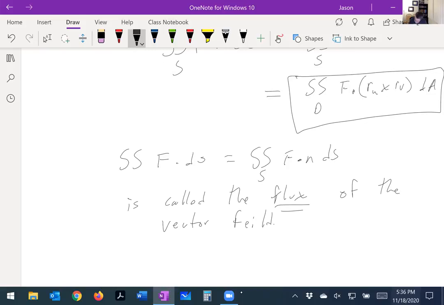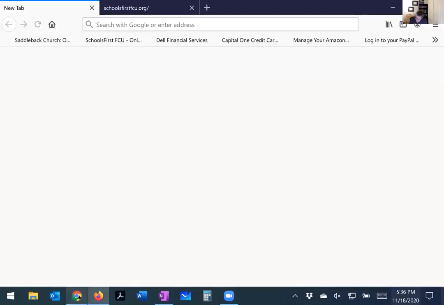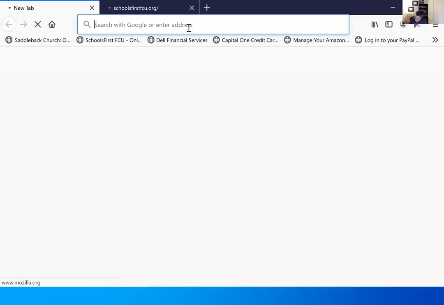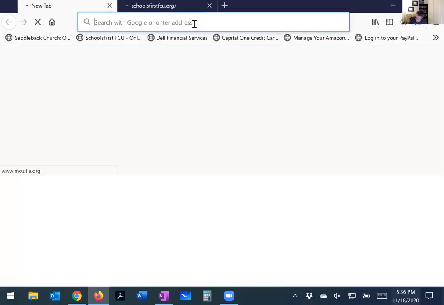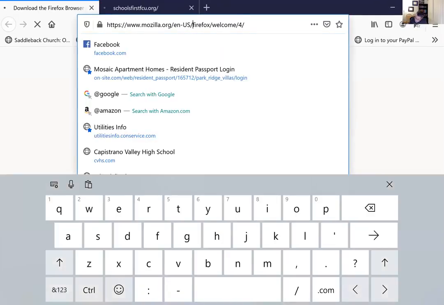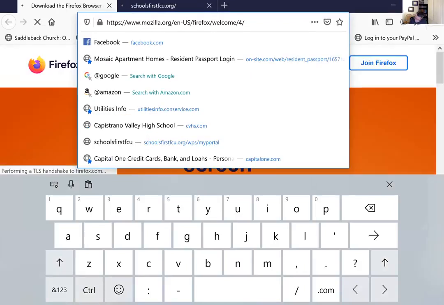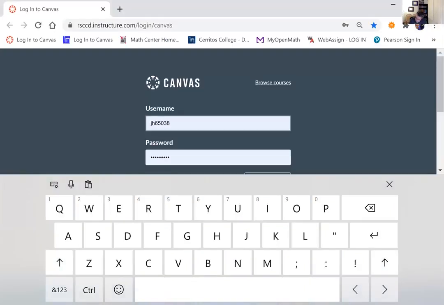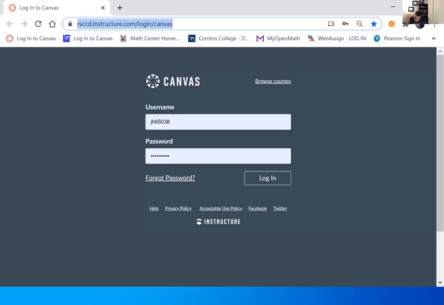And again, I didn't have time to go into exactly what the flux is, but you can go onto Math Insight and read all that you want to read about how that relates to the fluid dynamics.